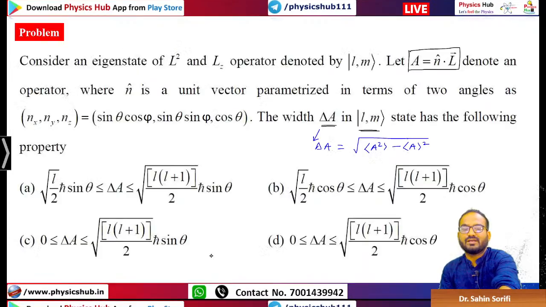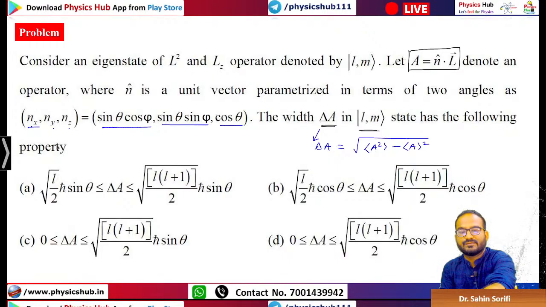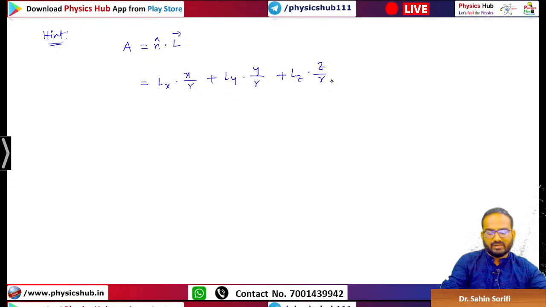Okay. So the n cap is the unit vector given by sin theta cos phi, sin theta sin phi, and cos theta. Okay, nx, ny, nz. So n cap dot L we can write Lx into x by r plus Ly y by r plus Lz z by r.